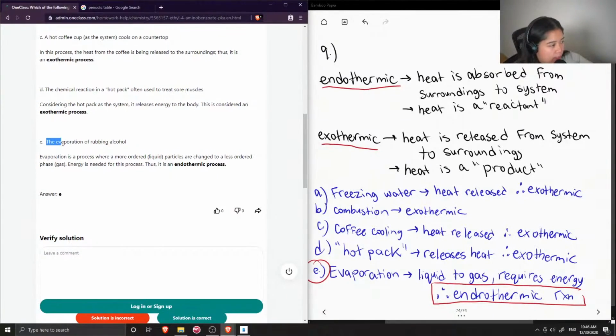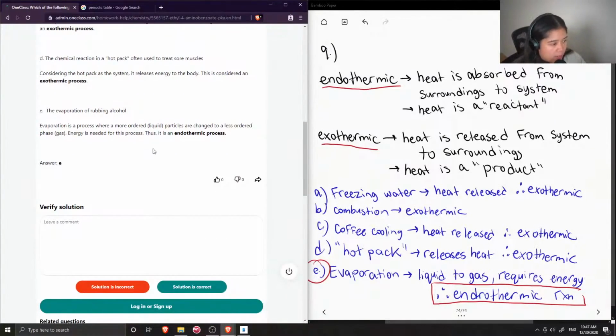And then lastly, E, evaporation of rubbing alcohol. Evaporation is a process where a more ordered liquid particles are changed to a less ordered phase, which is gas. Energy is needed for this process, thus it is an endothermic process. Yep, so this solution is correct.